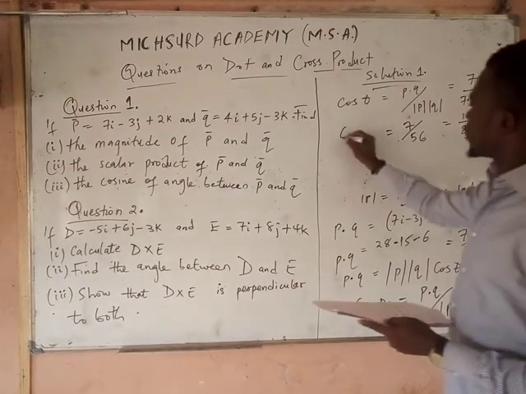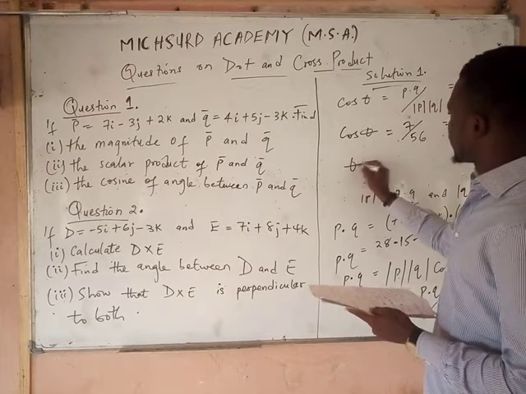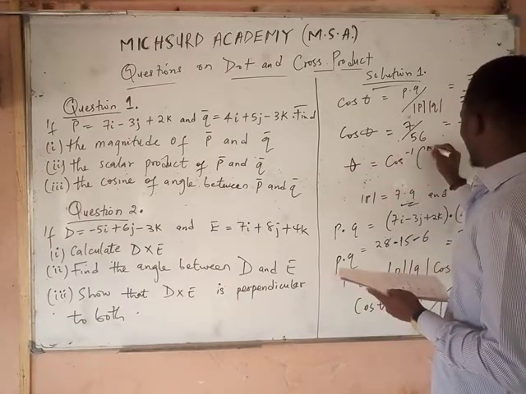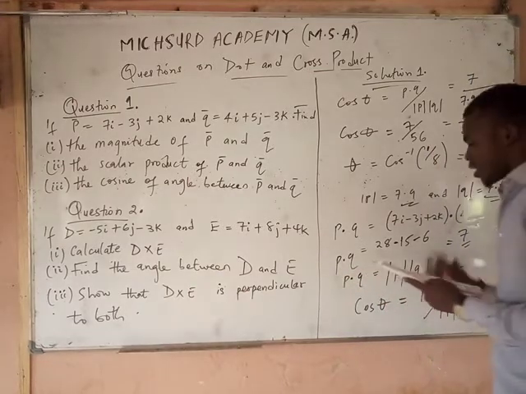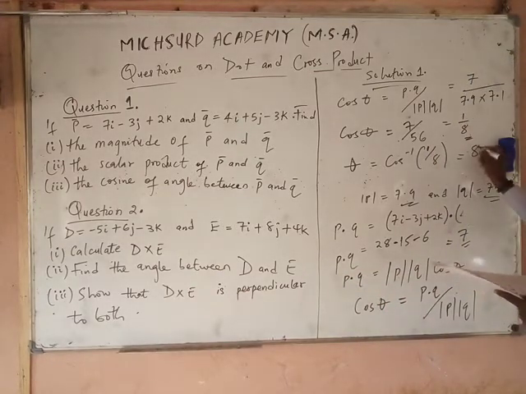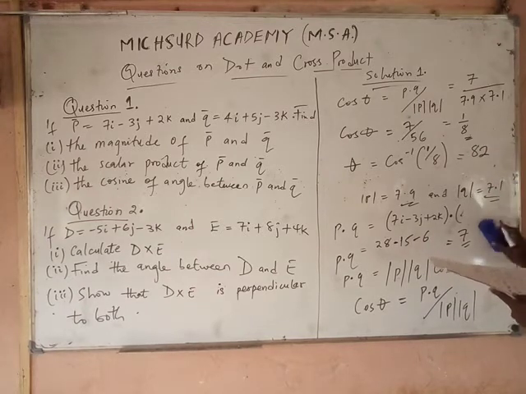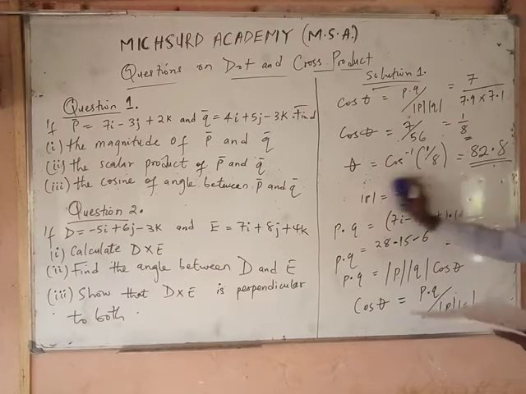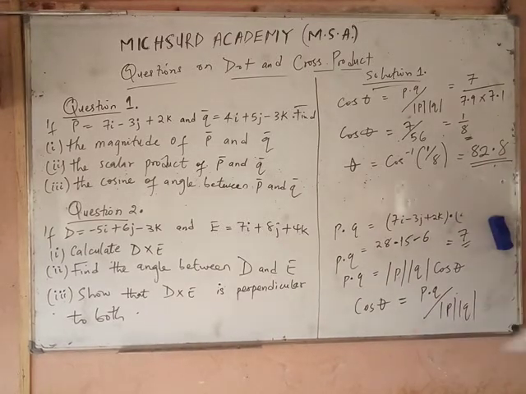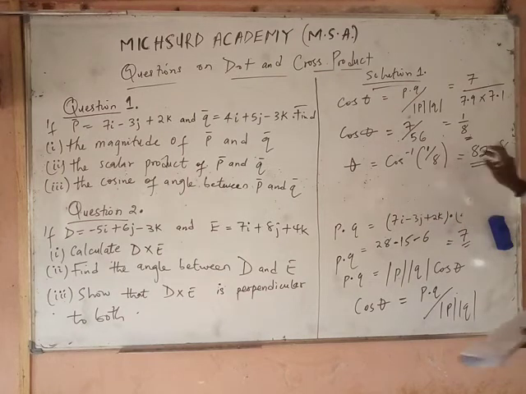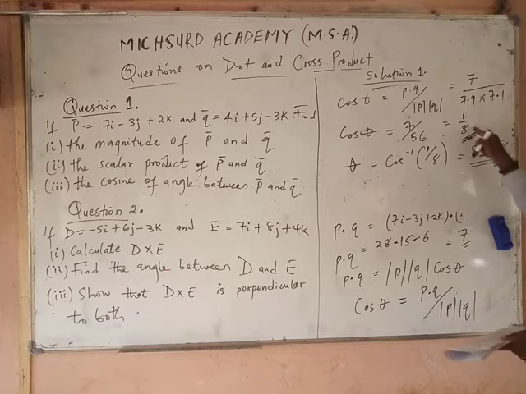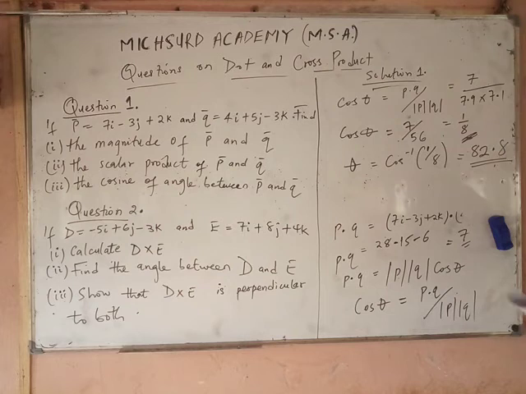If we have that cos theta is this, then we can find the angle, right? The angle will be the cos inverse of 1 over 8, and the cos inverse of 1 over 8 is 82.8. So the angle there is 82.8, but the cos of the angle is 1 over 8.